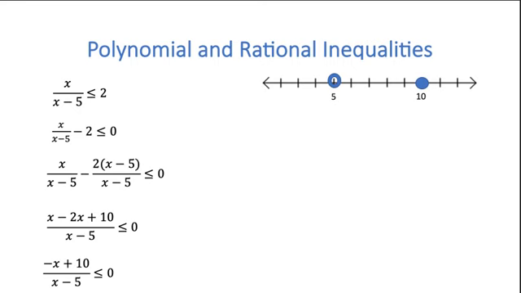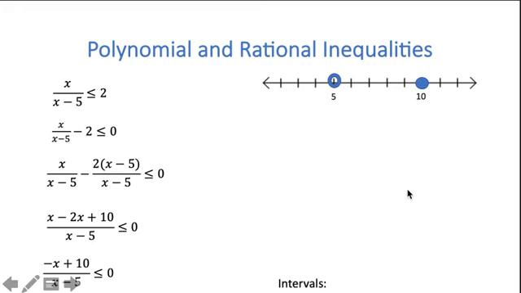Now let me explain why I did that. This inequality does have an equal to part, but this is a rational inequality, and the denominator is not allowed to be equal to 5. So that's why I put an open circle there. But it is allowed to be equal to 10.